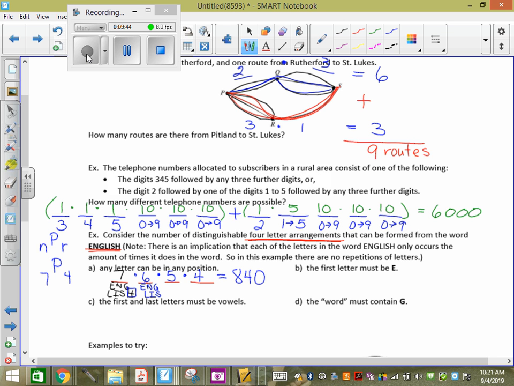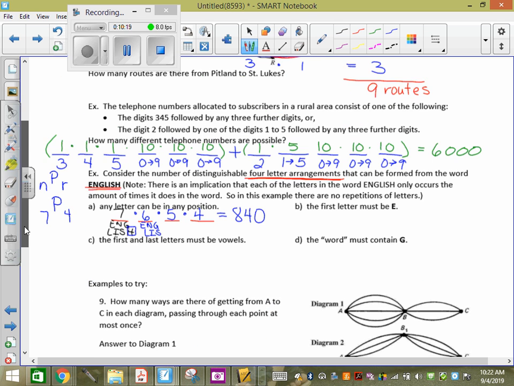How do I type that into my calculator? I wish I had my thing to show you. I can't pull it up right now. We're still waiting, but I have an actual calculator you can see. You're going to go 7. Remember where I showed you where the factorial symbol was? We're going to go to that same spot. So you're going to go 7, math, arrow over to probability, and pick number 2.